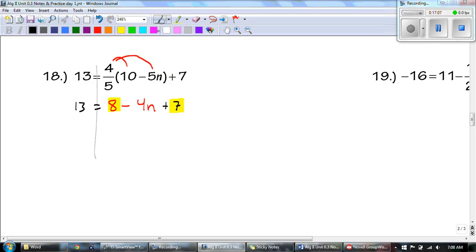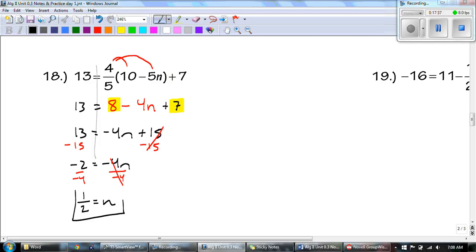Combine your like terms, okay? We get -4n plus 15. And then we'll just do this one together. We're going to subtract 15 to both sides. We get -2 equals -4n. And then when you divide by -4, I have -2 divided by -4. Well, I'm going to reduce that fraction to get a +1/2.